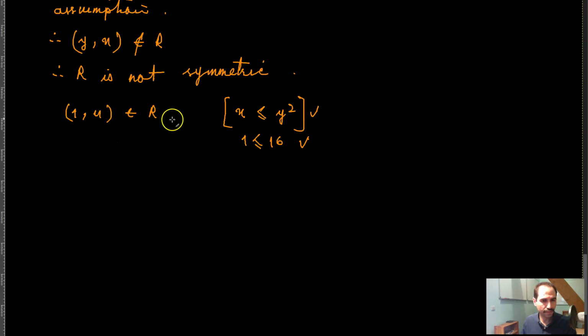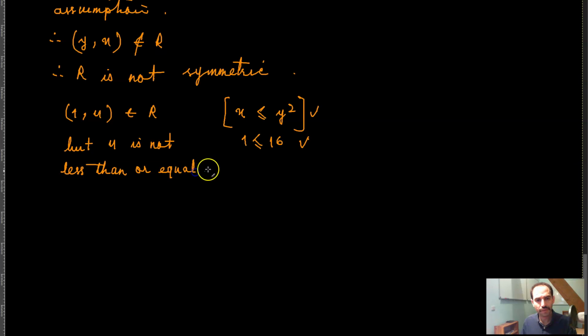So (1, 4) belongs to R. But 4 is not less than or equal to 1 squared, right?